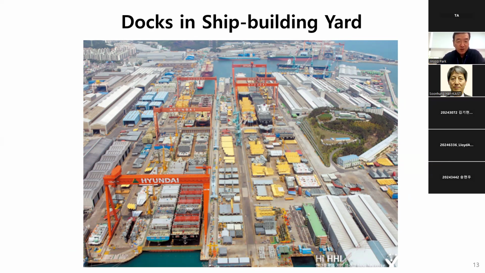Here are three main docks in the heavy industries. In A dock, there are 4 ships being built in the same area. You see several Goliath cranes. It is capable of 450 tons up to 1,000 tons of weight.